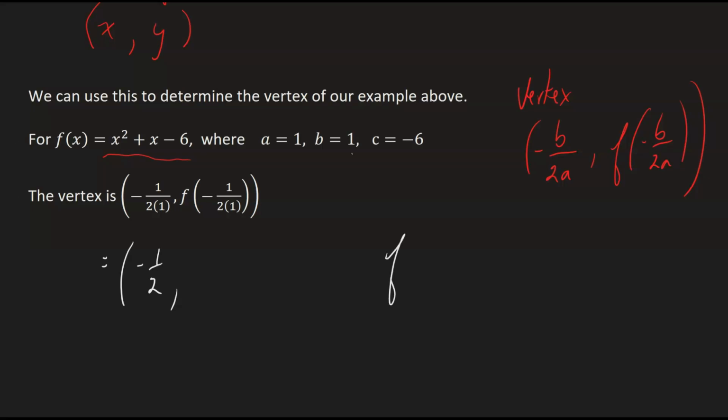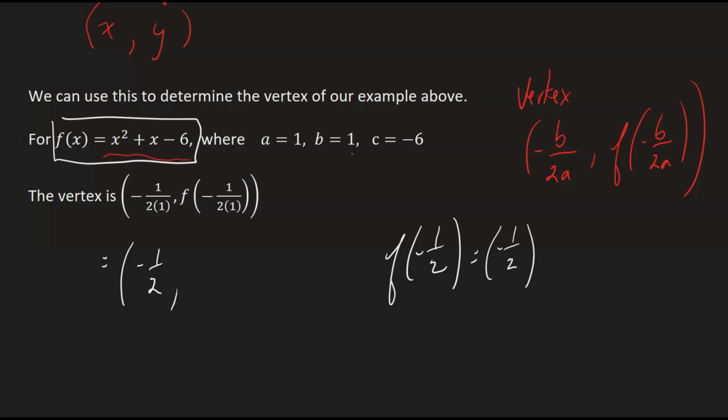We need to find f of negative 1/2 in our function. So I'm going right back up to the original function, and I'm going to sub in negative 1/2 everywhere we see x. Negative 1/2 squared, plus we have to add a negative 1/2, and subtract 6.